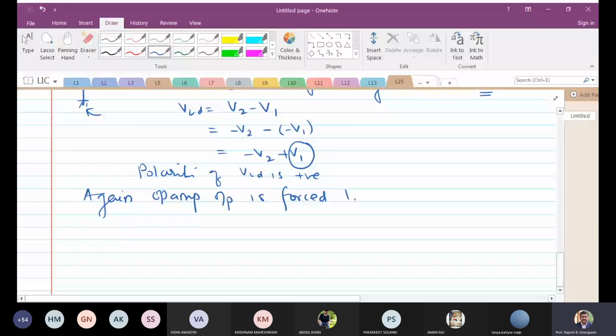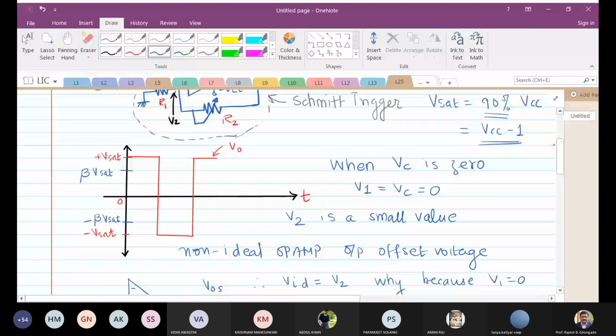Now V2 will become R1 divided by R1 plus R2 times Vsat. Remember, now it is plus Vsat. Earlier it was minus Vsat. Are you able to understand this? So what is going to happen to the voltage across the capacitor? That is what is important here.